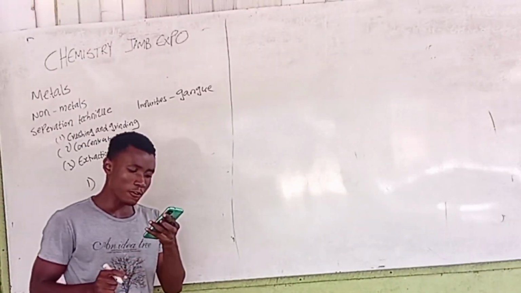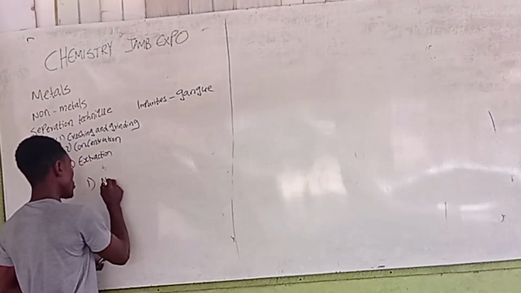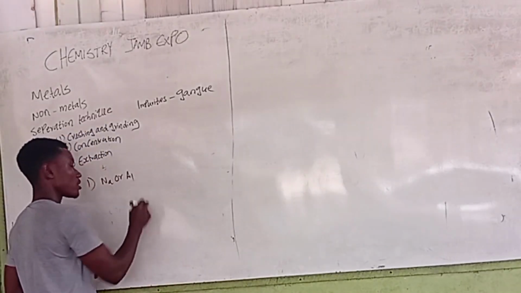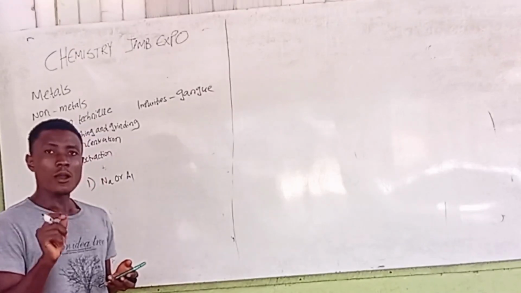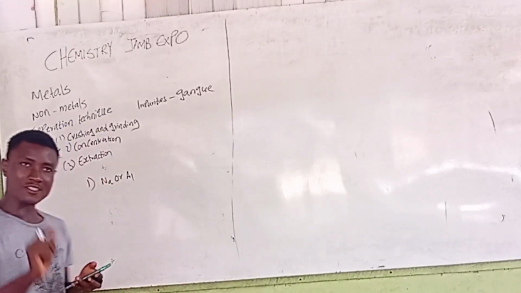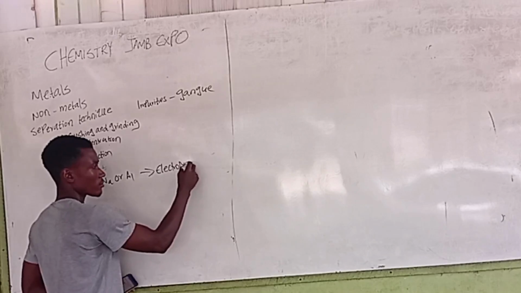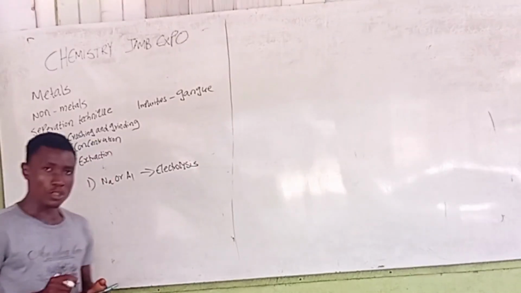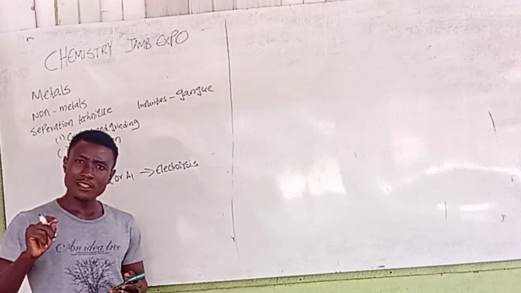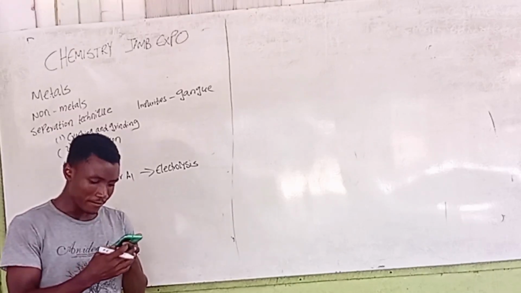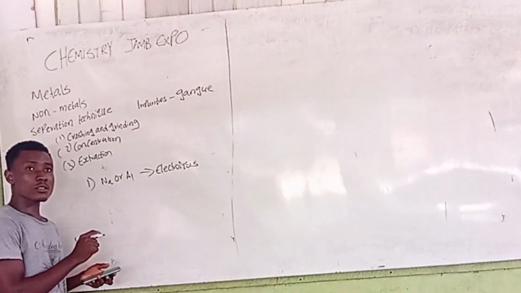For highly reactive metals, examples are sodium or aluminium. They are extracted through electrolysis. Aluminium is highly reactive, and it is extracted through electrolysis.